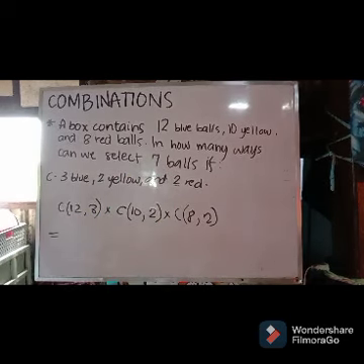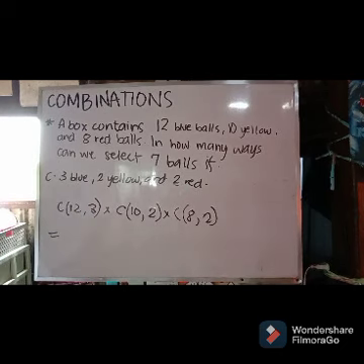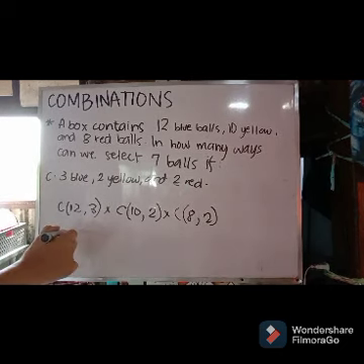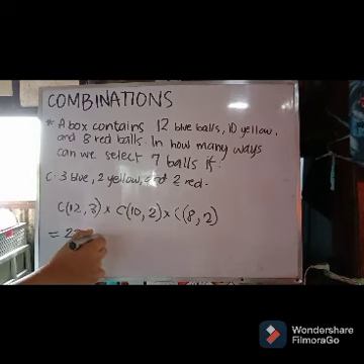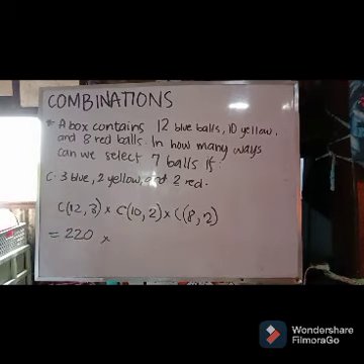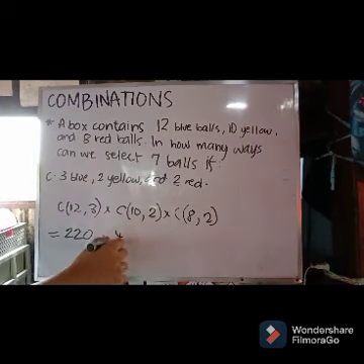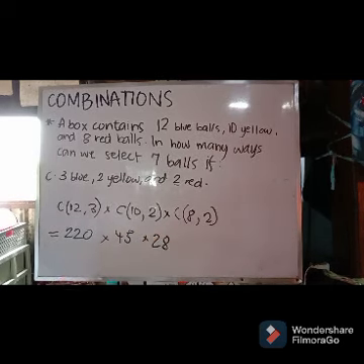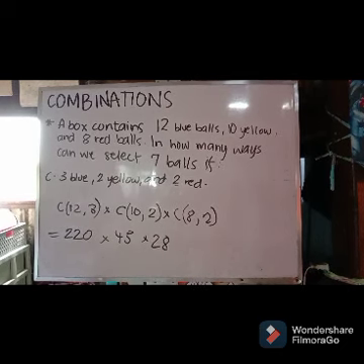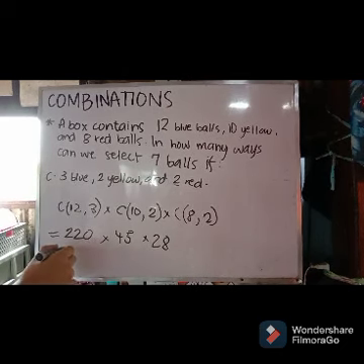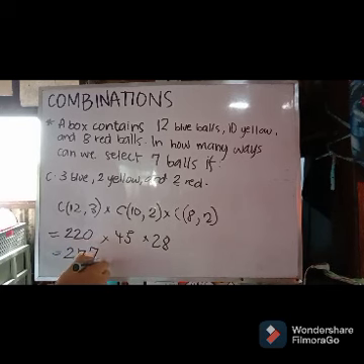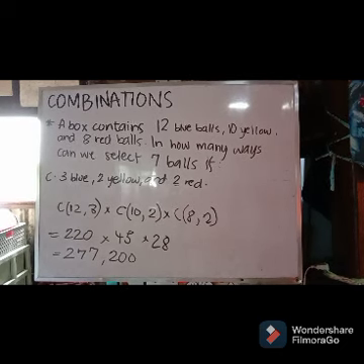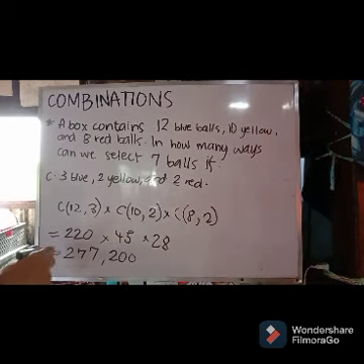Combination of 12 taken 3 is equal to 220, multiplied by the combination of 10 taken 2, which is 45, multiplied by combination of 8 taken 2, which is 28. So 220 times 45 times 28 is equal to 277,200 possible ways in selecting 3 blue balls, 2 yellow, and 2 red.